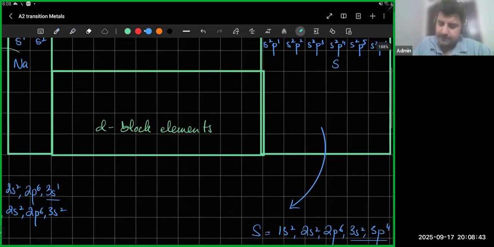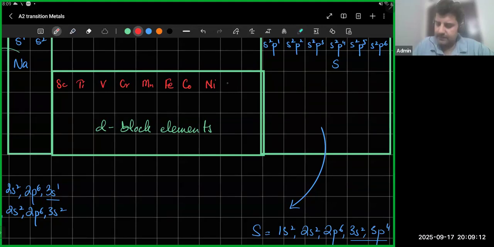These elements, starting with scandium, titanium, vanadium, chromium, manganese, iron, cobalt, nickel.